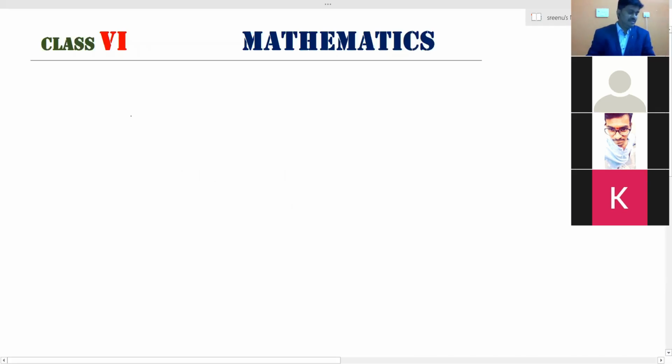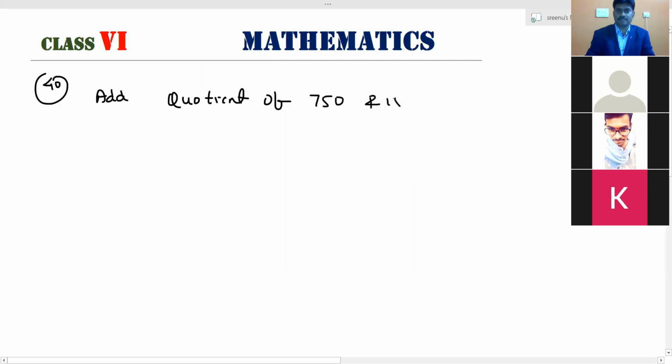Add the quotient of 750 and 15, and then the difference of 75 and 33.